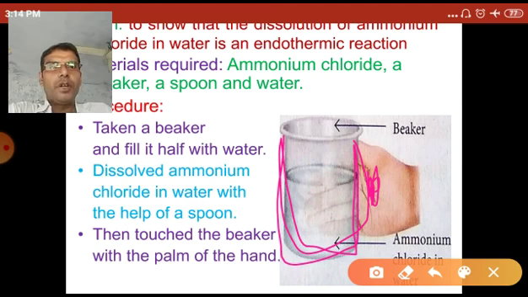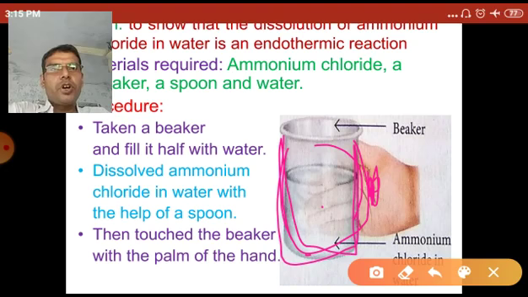Because when ammonium chloride is added to the water, it absorbs heat energy from the surroundings, that means from around the beaker.